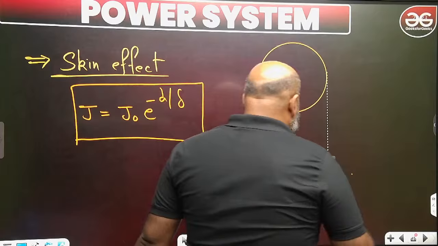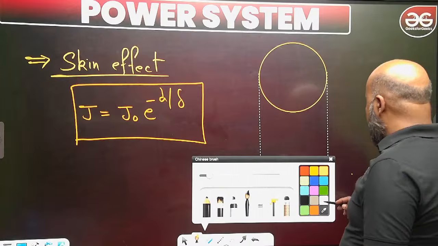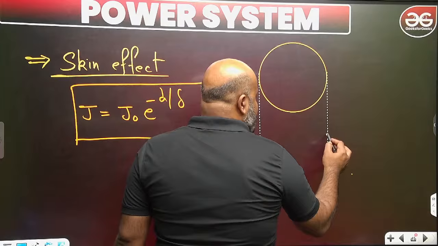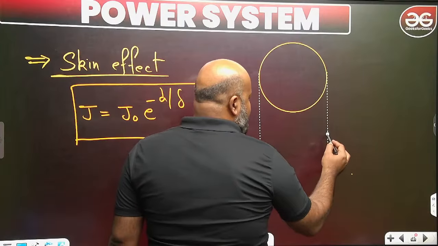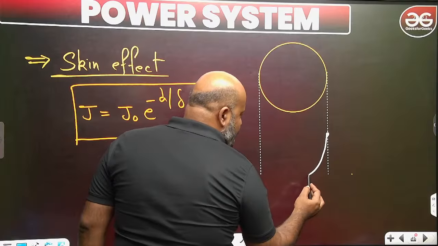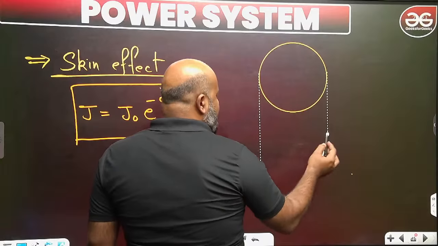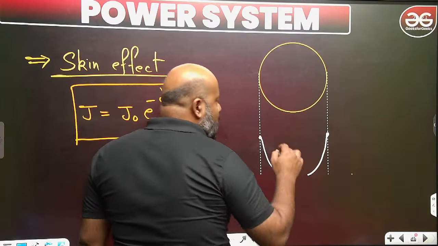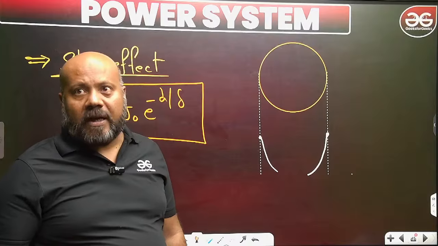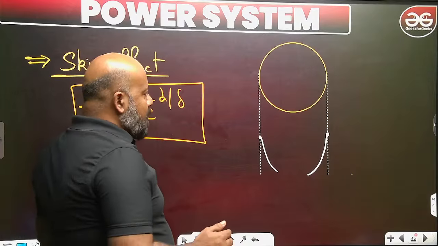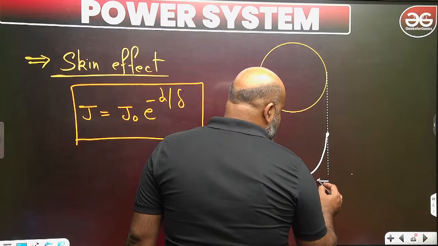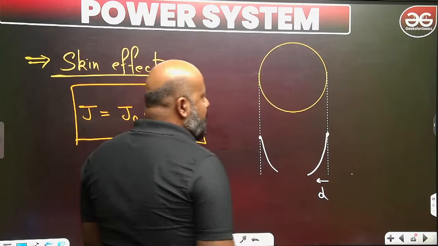This is how we see the current is going to behave. So suppose you are standing at the surface of the conductor and the current is reducing like this as you go inside of the conductor. So actually this distance from this part we are defining as d.